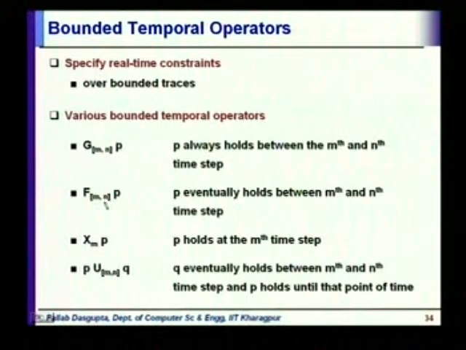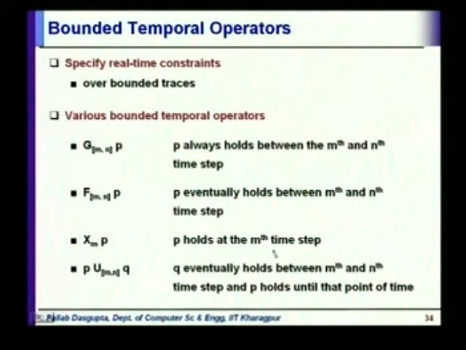F m,n P means that P eventually holds, at least once between the mth and nth time step. Here it must hold in all states between the mth and nth time step. Here it must hold at least once between the mth and nth time step.